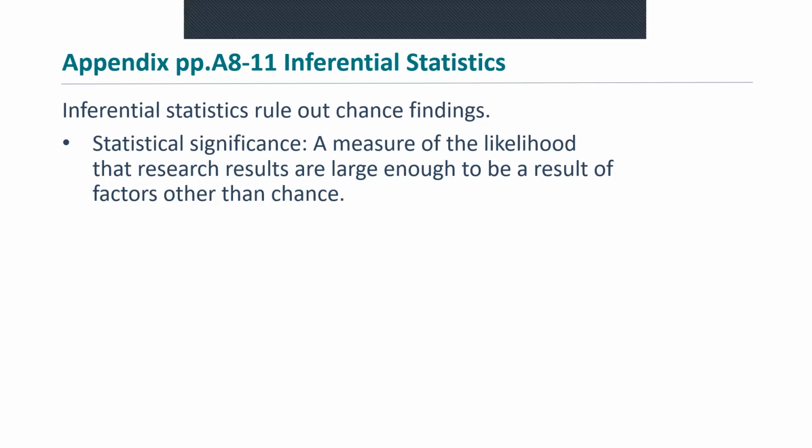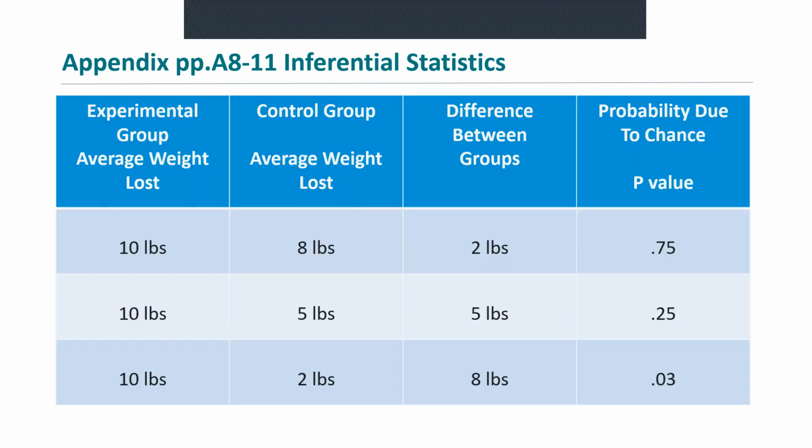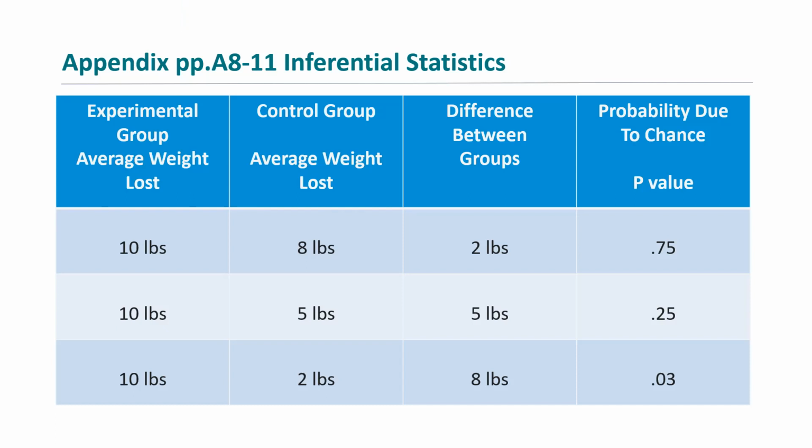I'm going to show you in a chart. And I made this chart up myself. It's not in the book. And these are just made up numbers. They're just to illustrate a point. So let's say we're going to look at three different situations where I ran my weight loss study. On the left, we have the experimental group.